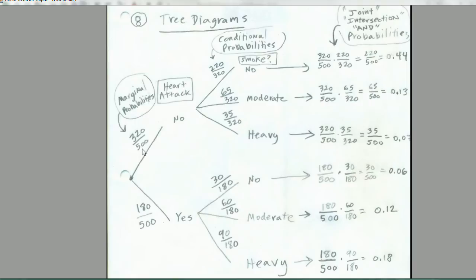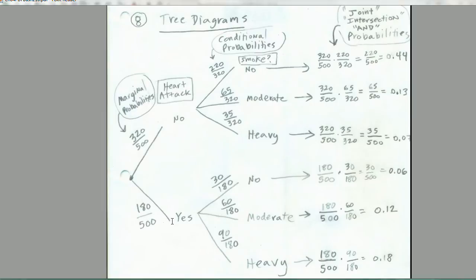Of that 500, 320 people said they did not have a heart attack. So once we get to this conditional probability, the sample space has changed. 320 is the denominator in all of those. So of those people that said no, there were 220 that said they didn't smoke, 65 moderate, and 35 heavy.